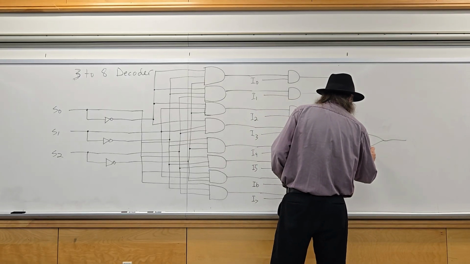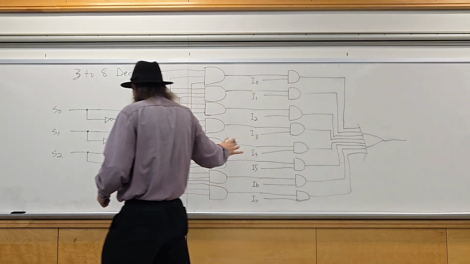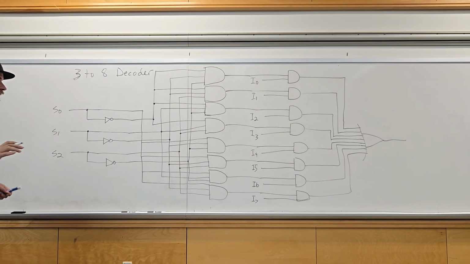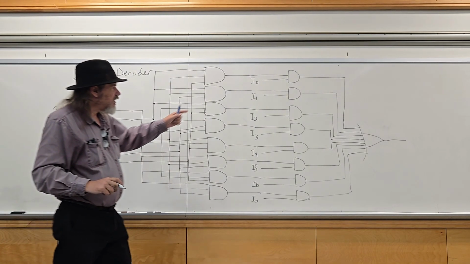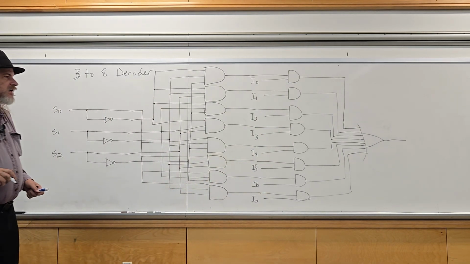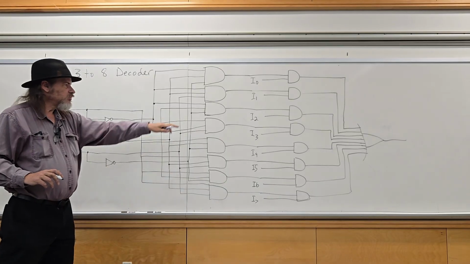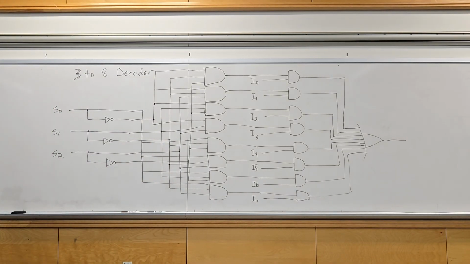And this way, you select which input you want to have come out. You give the binary number of the channel that you want to go through to the output, and the decoder will choose which unique line will go to the output.